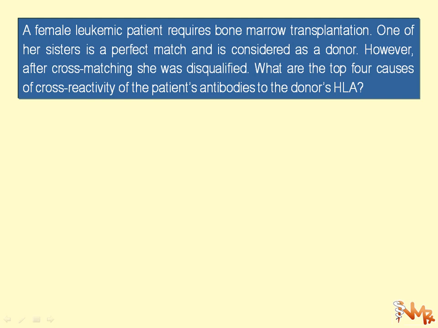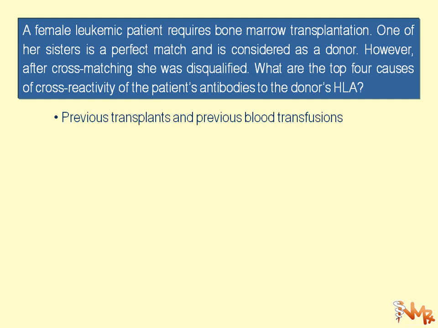As I mentioned earlier, cross-matching is quite often the very last thing that you do, very close to the days of transplantation. You perform this on the patients in the lab, and you try to simulate the actual transplantation situation in the lab.